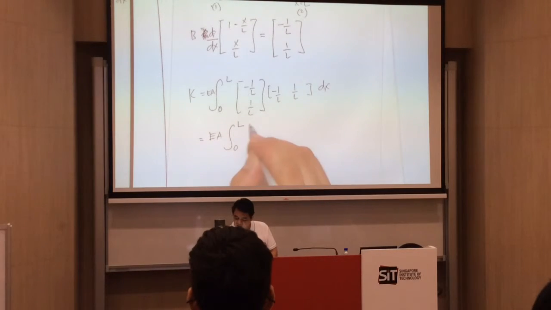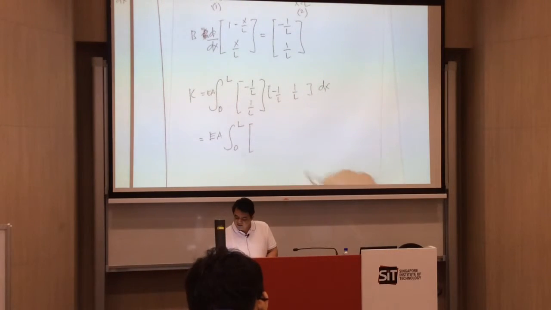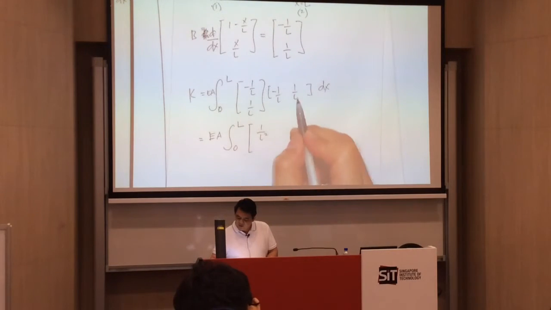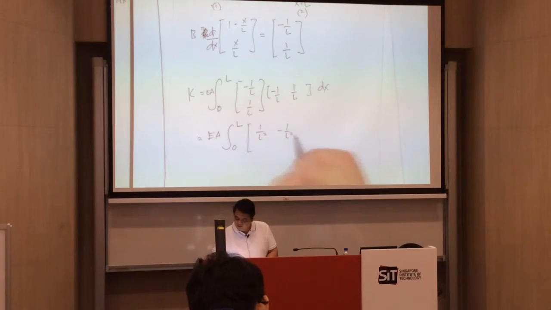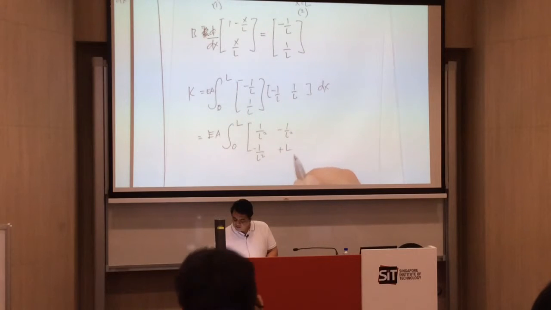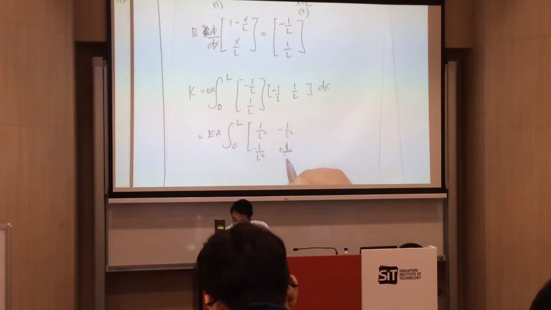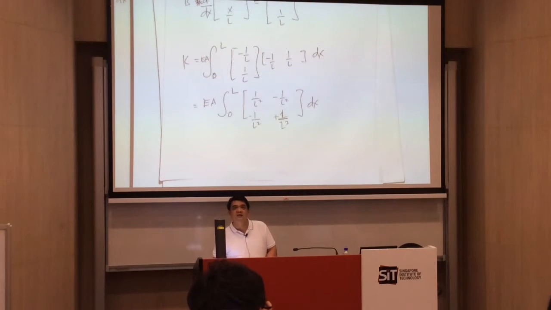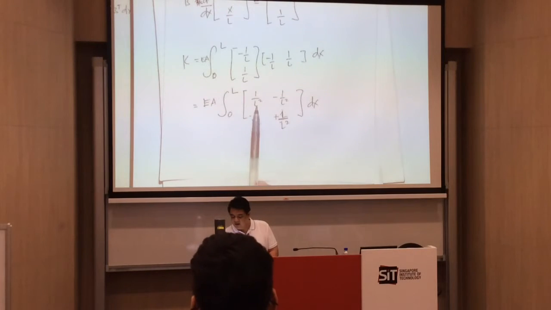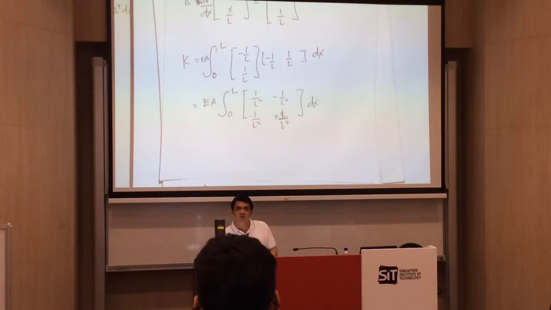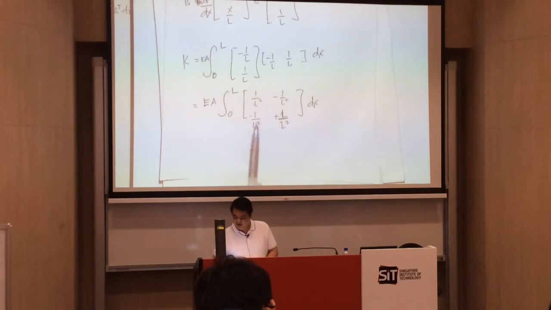So what do we have here? 1 all over L squared. This one multiplied by that. So integrate individually. If we integrate this one individually, what do we get?